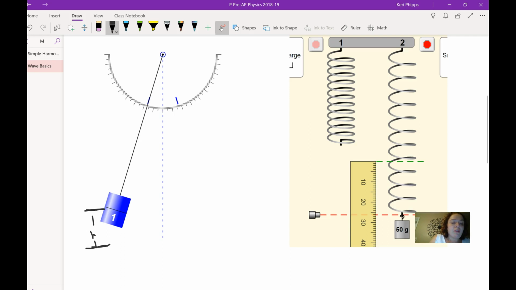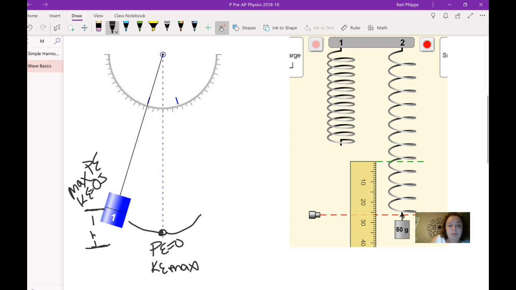At this position, it has maximum potential energy and a kinetic energy of 0 joules. As it falls, it gets faster and faster until it comes all the way down here. This place is its minimum potential energy, or rather potential energy equals 0, and we have a kinetic max.